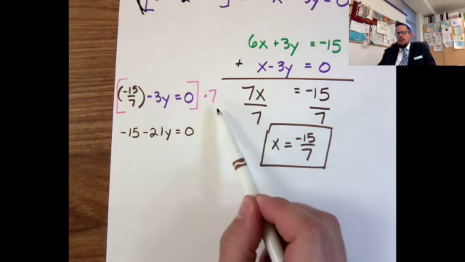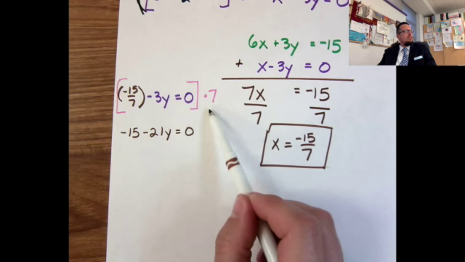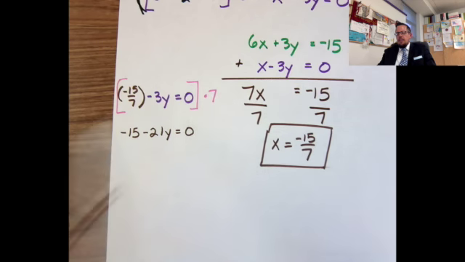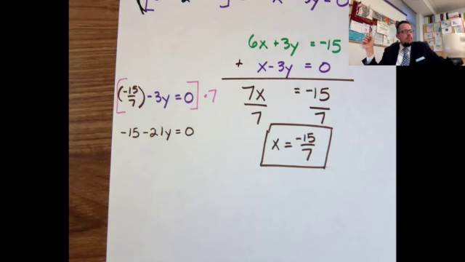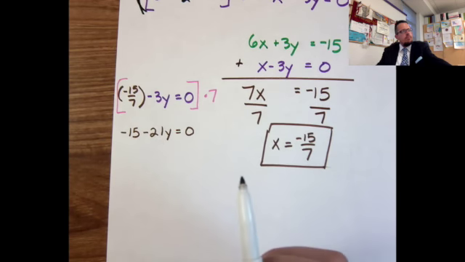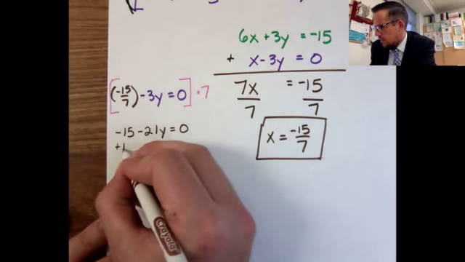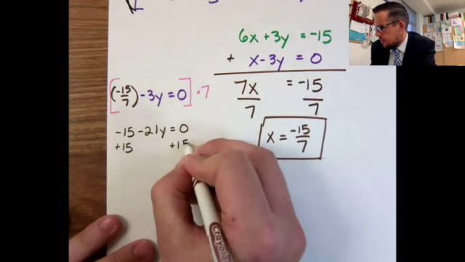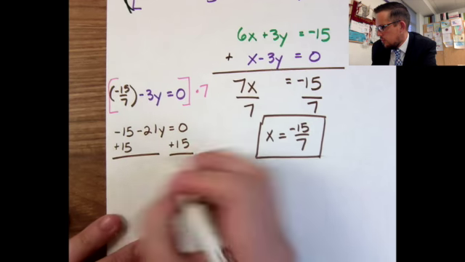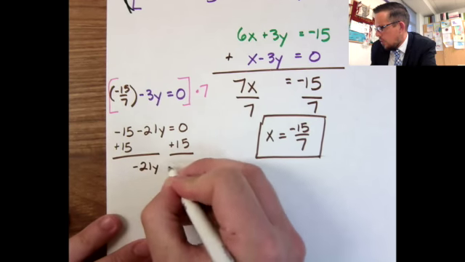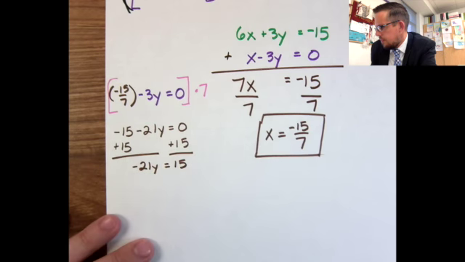Negative 15 sevenths times 7: if you do negative 15 times 7 divided by 7, the 7s cancel out. Well, it's already negative 15, so let's add 15. That gives me negative 21y equals 15.